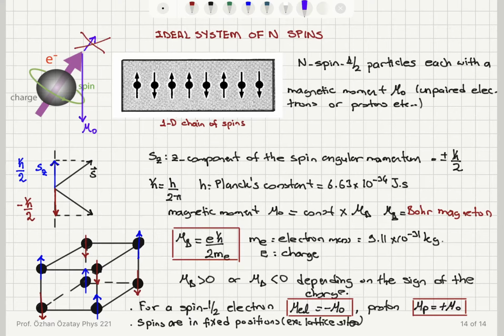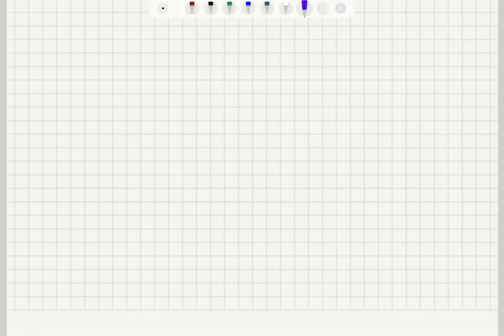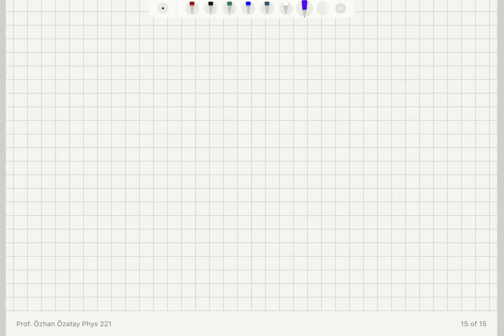So what are the assumptions that we have about this ideal spin system? We're going to assume that the average distance delta x between the spins is large enough for them to be considered as non-interacting.